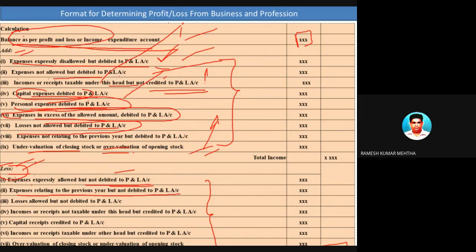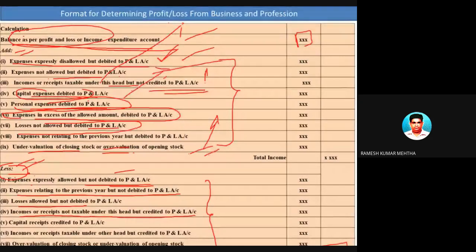Less losses allowed but not debited to profit and loss account. This item also should be deducted from the profit. So these are the items which we are going to talk about with proper illustration. Incomes or receipts not taxable under this head but credited to profit and loss account should be deducted from profit.